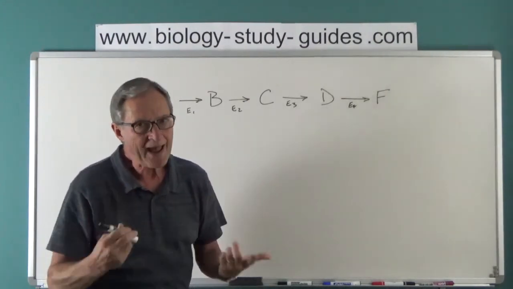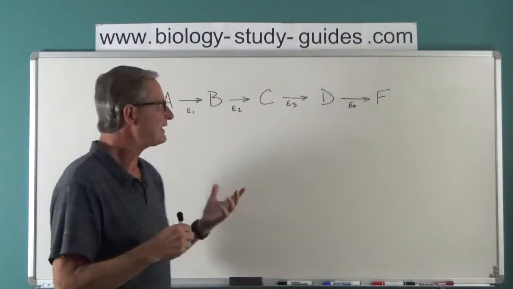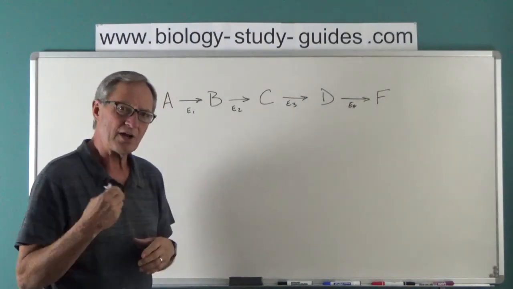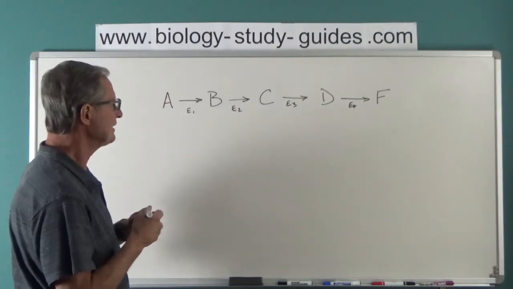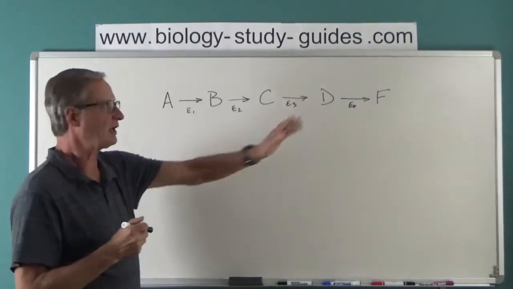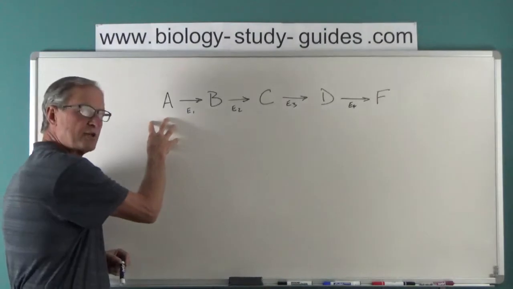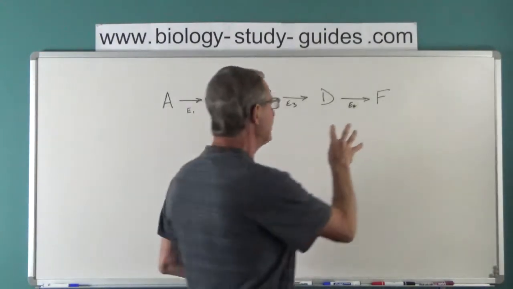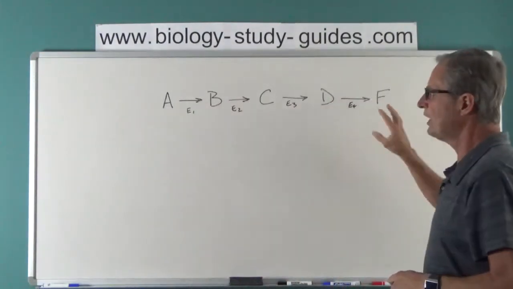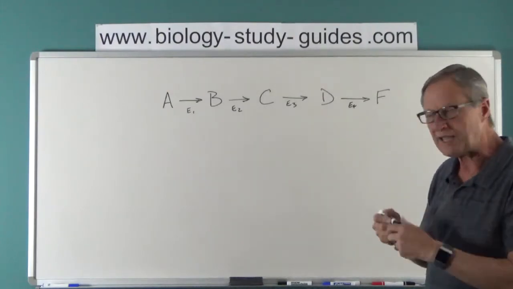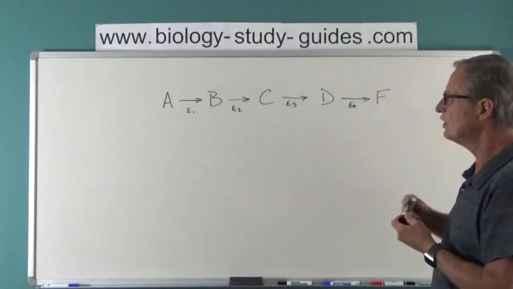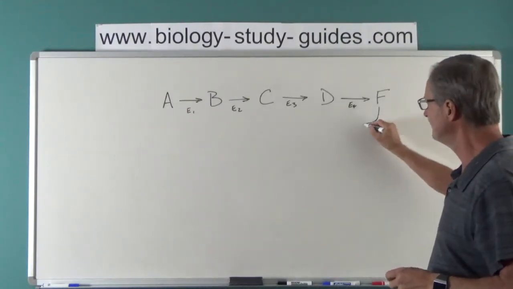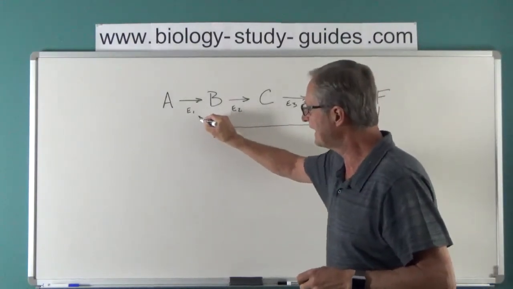In a metabolic pathway, when you take it down to the chemical level, it's not exactly the same. If this was a complete metabolic pathway where this was the original substrate and this is the final product here, what would normally be the case is that the presence of this product would in fact inhibit that enzyme.